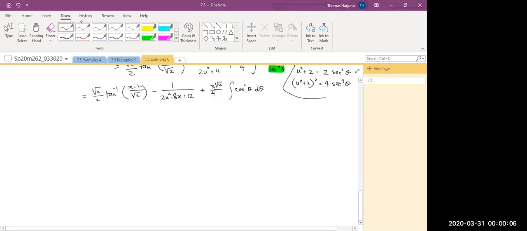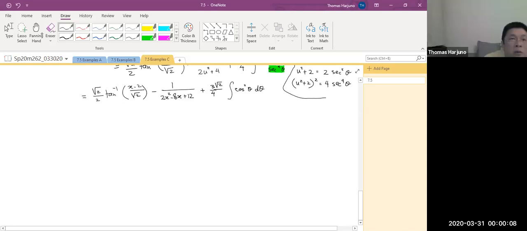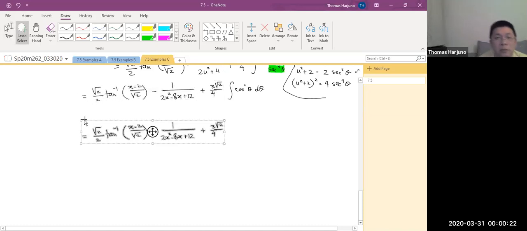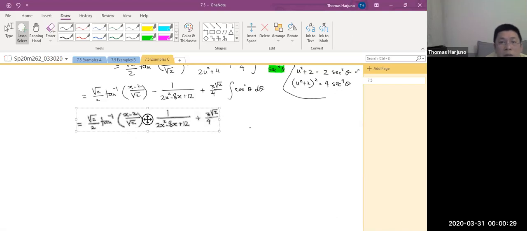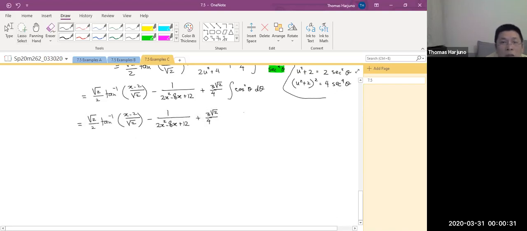Okay, let me copy paste this. I'm quite lazy, let me lasso that. Copy, paste. And then the integral will be 1 plus cosine 2 theta over 2 d theta.